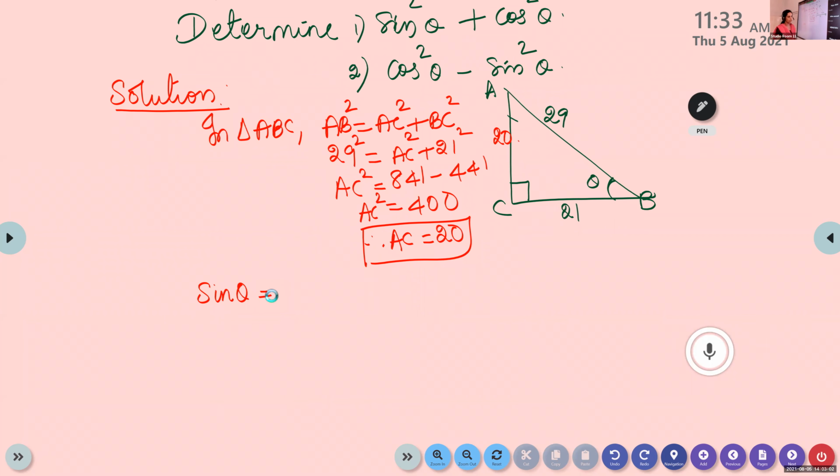Melvin, what is the definition of sine theta?